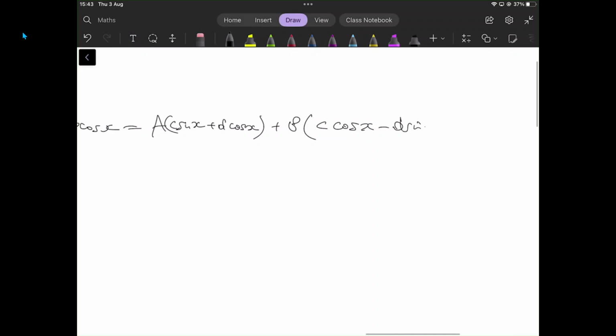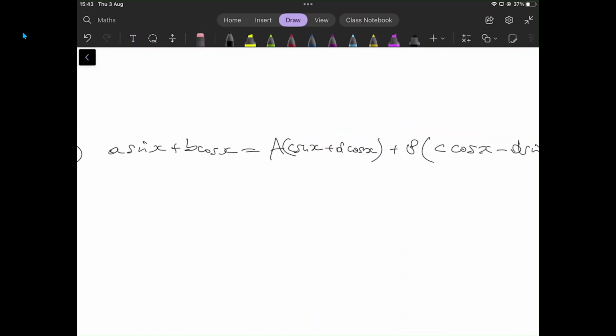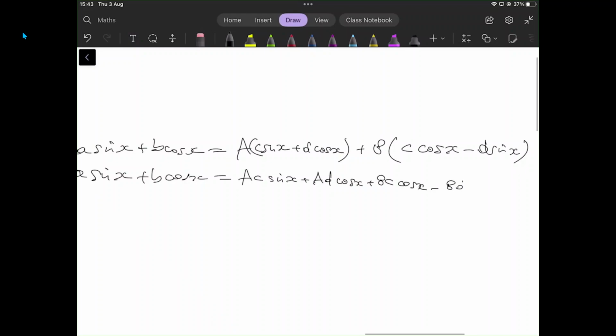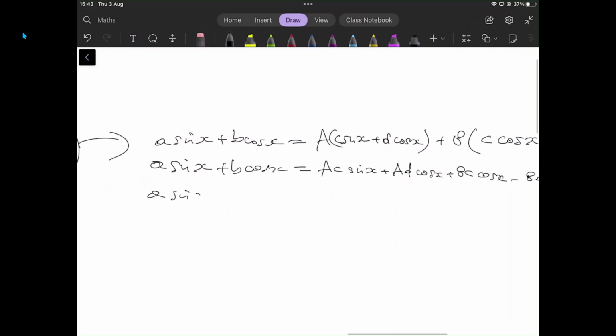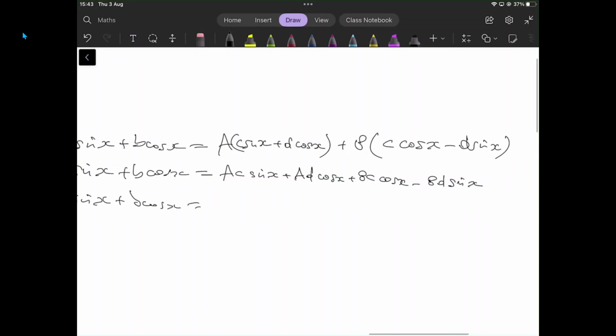like that, right? And then we would expand the right hand side into Ac sine x plus Ad cosine x plus Bc cosine x minus Bd sine x. And then we would rewrite the left hand side again, boring, whatever, but we'd group the sines and the cosines with each other: AC minus BD sine x plus AD plus BC cosine x, right?